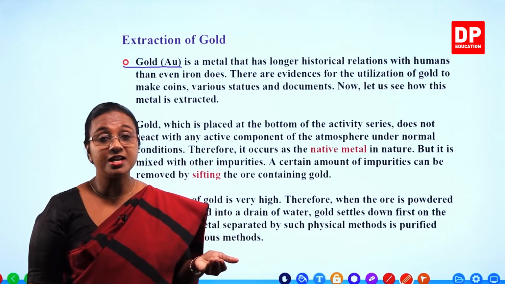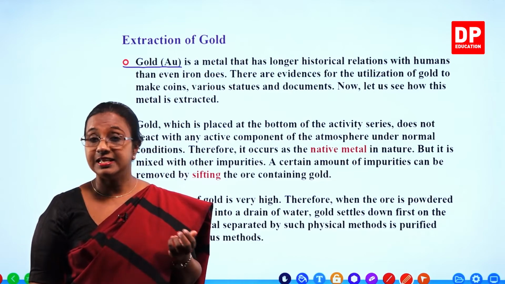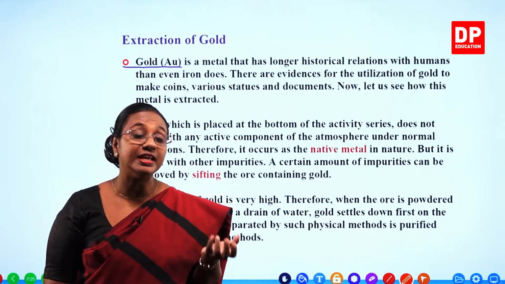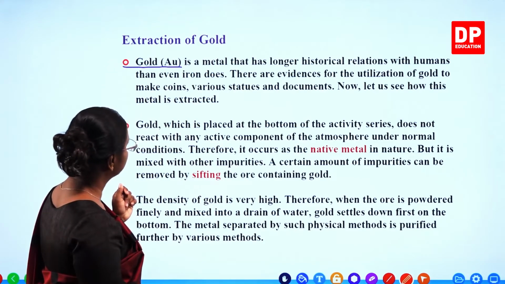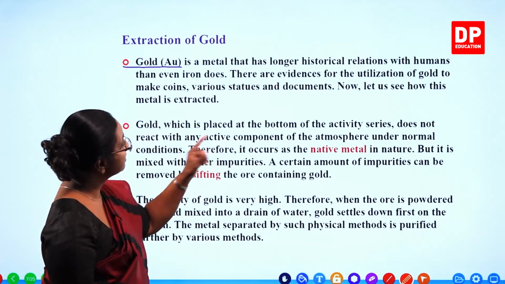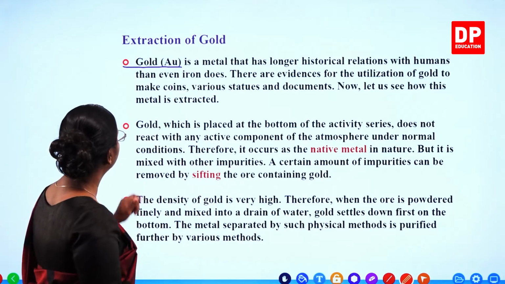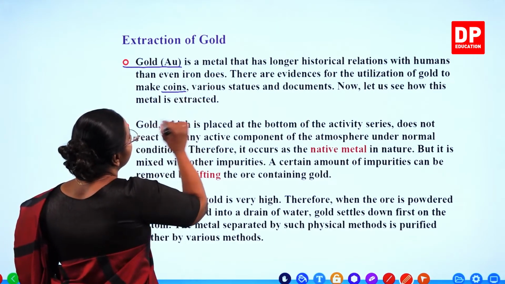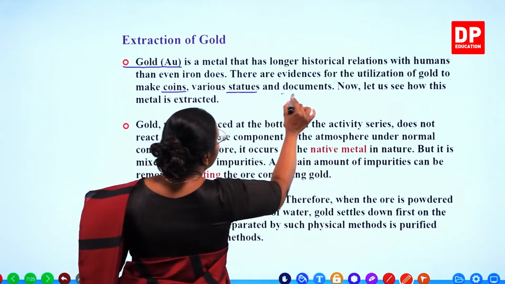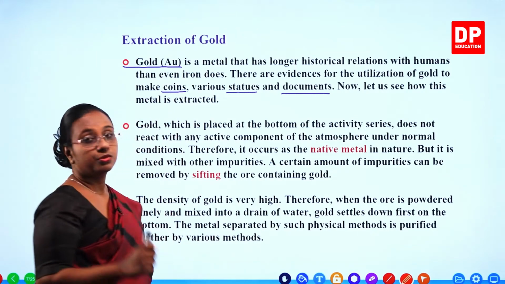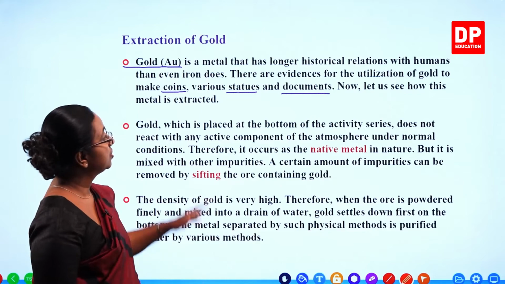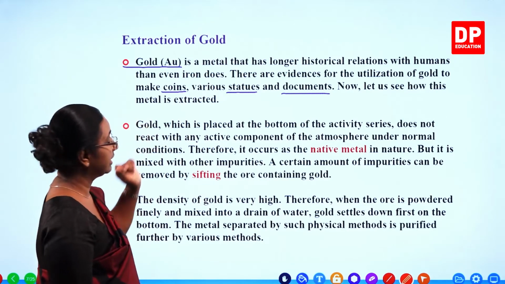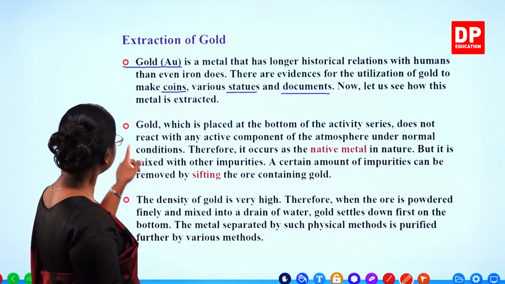It does not tarnish. So because of that, it is very valuable and it is very attractive as well. That is why there is a lot of relationship. There are evidences for the utilization of gold to make coins, various statues and documents. So, coins, various statues as well as documents. So now let us see how this metal is extracted.